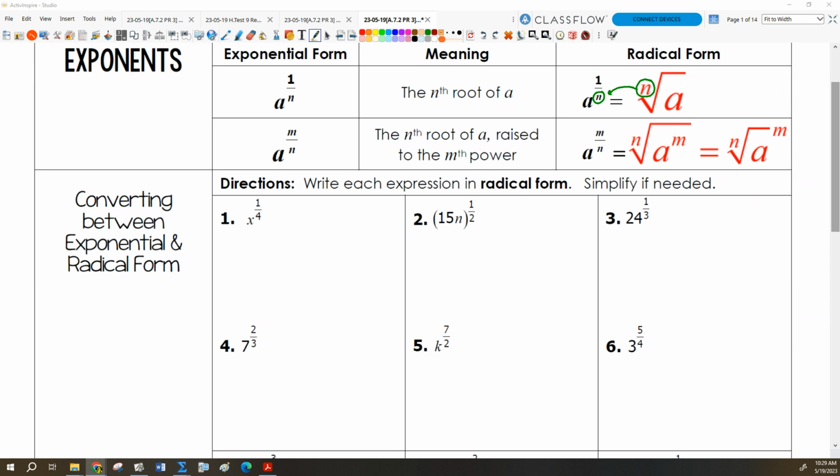Just like before, the index of the radical goes in the denominator, but now whatever the exponent is that goes with the power goes on the top. We did the same thing up here. We just didn't know about it. There was just a 1 there. A is the same thing as a to the 1.